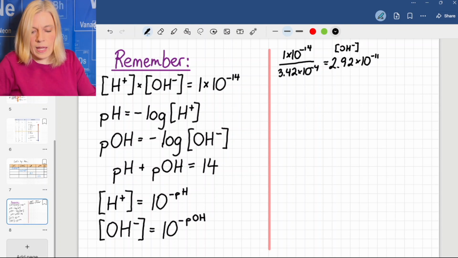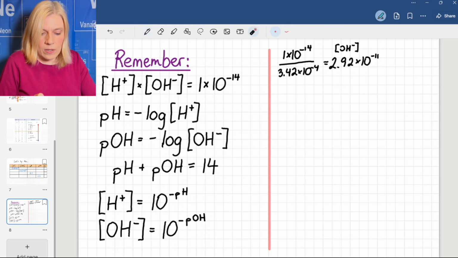Yes? And do we know our pH? Well, do you remember pH? Let's take our calculator and take negative log of our H plus, and here is our H plus. Take negative log of this number.